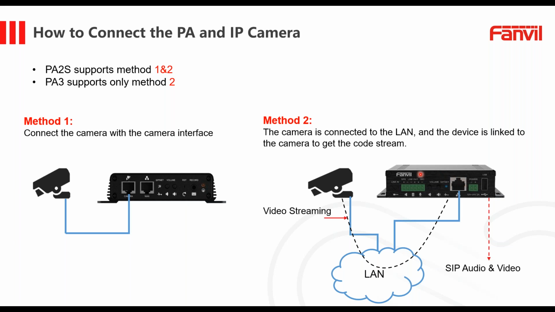So if you have the GUI of this particular device, you can configure the video input as a particular IP, and it will take that video in, and you can show that camera on any of our phones moving forward, whether it's the business phones or a particular monitoring device that I just showed earlier. But that's the way you can hook it up. So the PA2 supports method 1 and 2, while the PA3 supports only this one method moving forward.